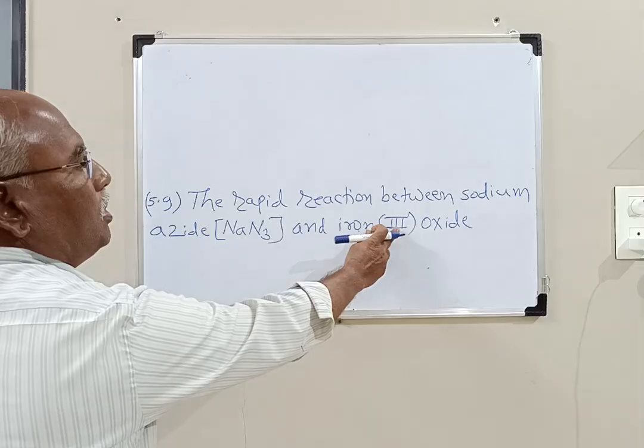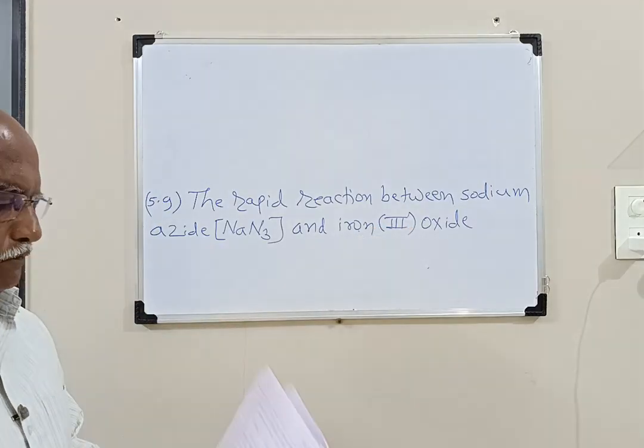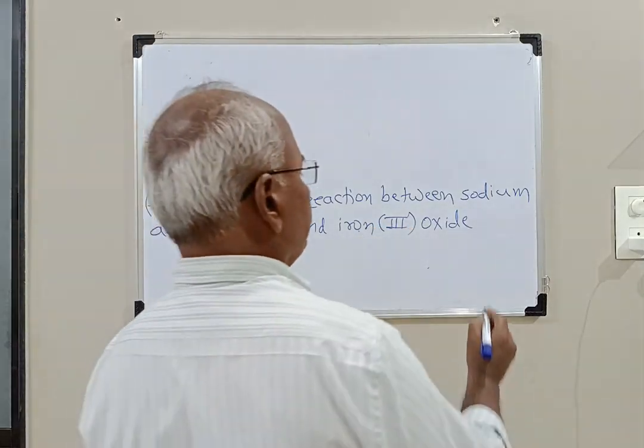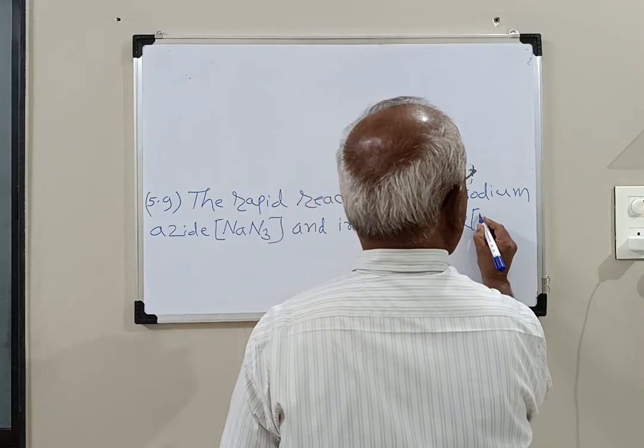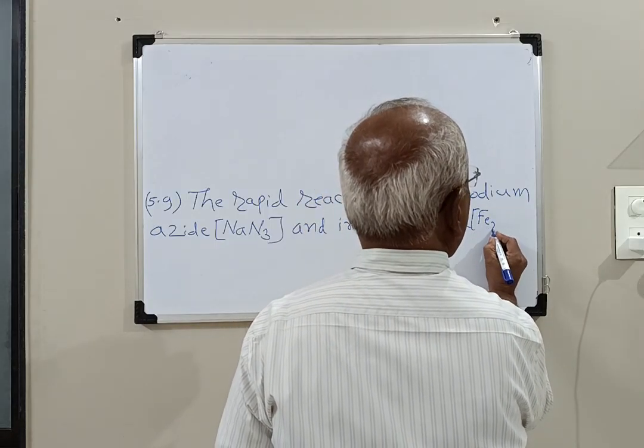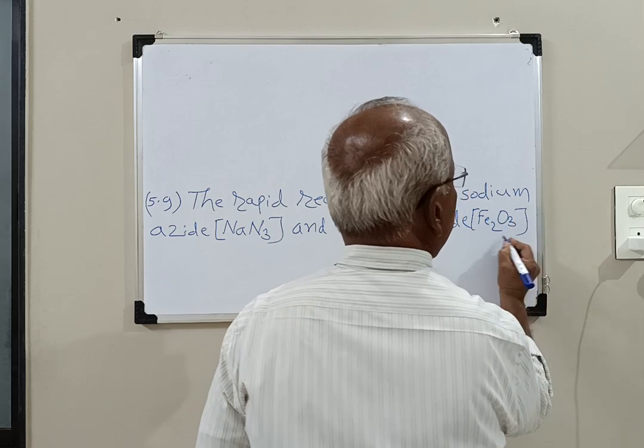The oxidation state of iron is +3. Its formula is Fe2O3.